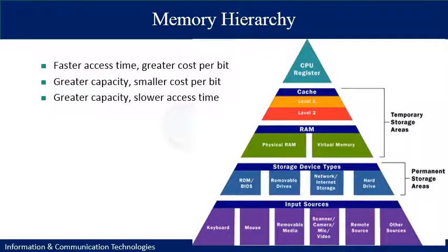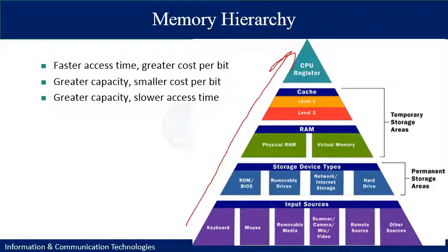This diagram depicts the CPU memory hierarchy. The triangle depicts the access time from top to bottom. Whenever you move towards the top, the access time decreases.